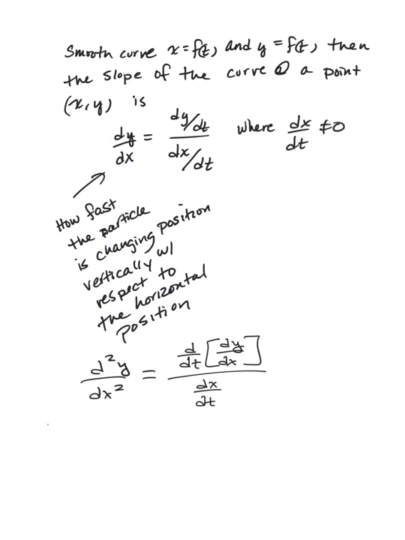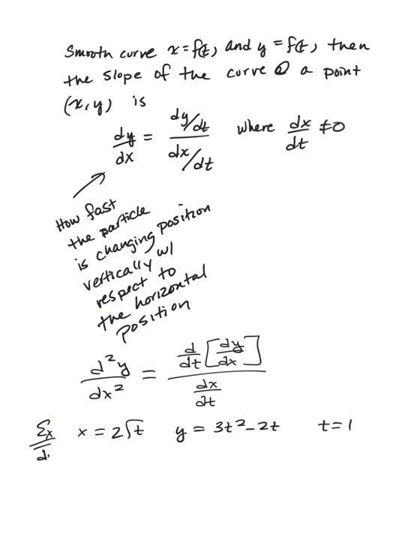Okay, let's look at an example, okay? We have x equals 2 root t. y equals 3t squared minus 2t. Okay, we're going to evaluate this at t equals 1.